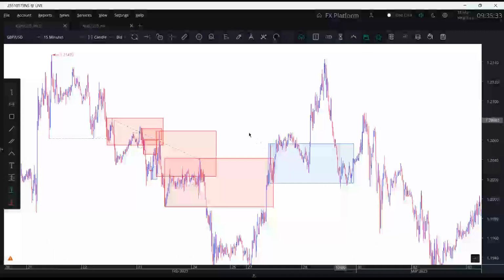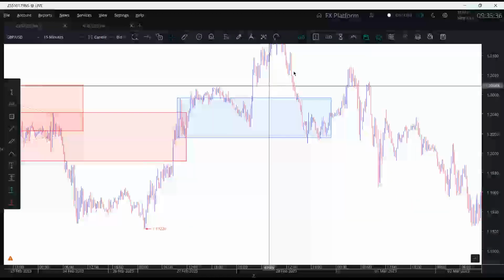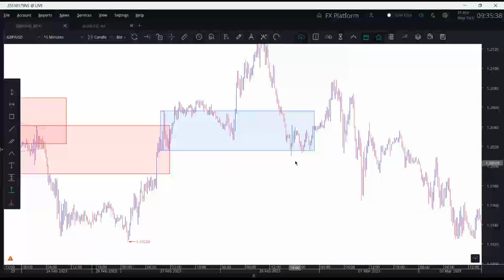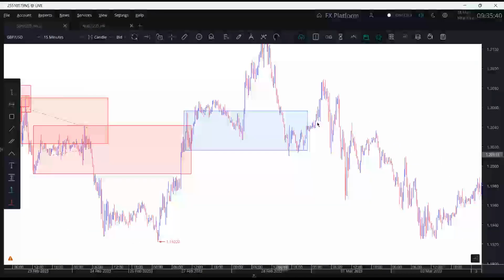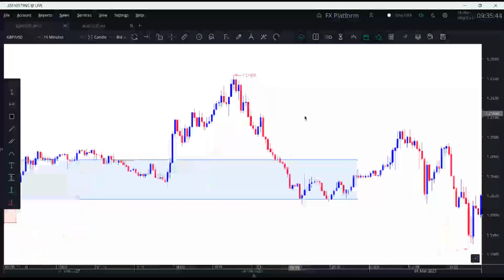But you see that price engulfs this pre-CP right here, and price gets back to where?